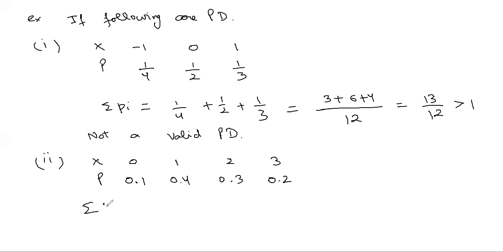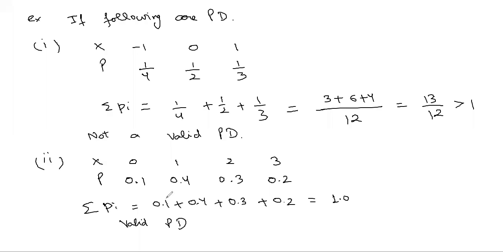Now find the sum of all the probabilities: 0.1 plus 0.4 plus 0.3 plus 0.2. Because it is 1, it is a valid PD. And none of the probabilities should be negative. If any of the probabilities comes out to be negative, then it cannot be a valid PD.